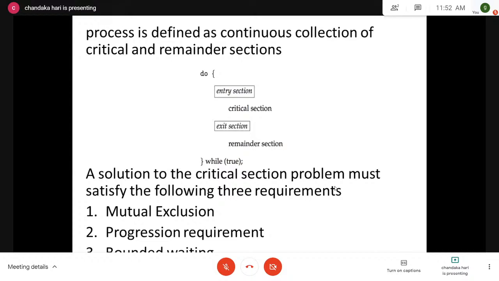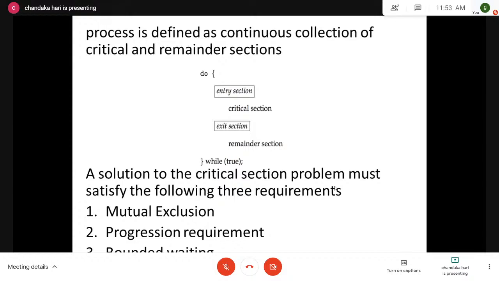Number 3, bounded waiting. What is bounded waiting? There exists a practical limit: a bounded waiting time for each and every process to be allowed into the critical section. What is the meaning of this? Once a request is made by a process, it cannot immediately enter the critical section, even if it is high priority. Why? Because of the minimum time required to switch from one process to another.